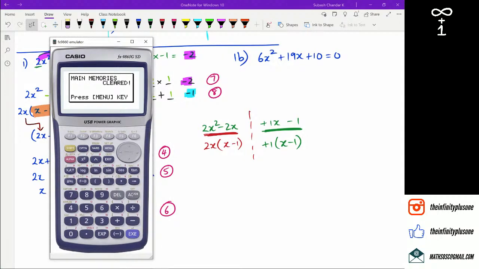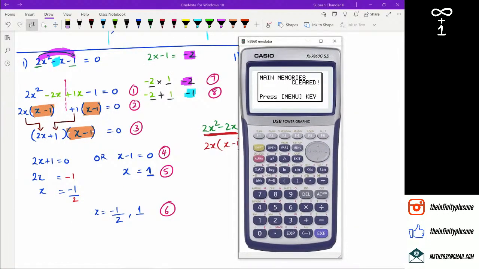So what was our equation? Our equation was 2x squared minus x minus 1. So if you have a look at this, I'm going to put 2 multiplied by a half, which is 1 over 2, to the power of 2. So that's squared minus, oh, that should be negative half, isn't it?